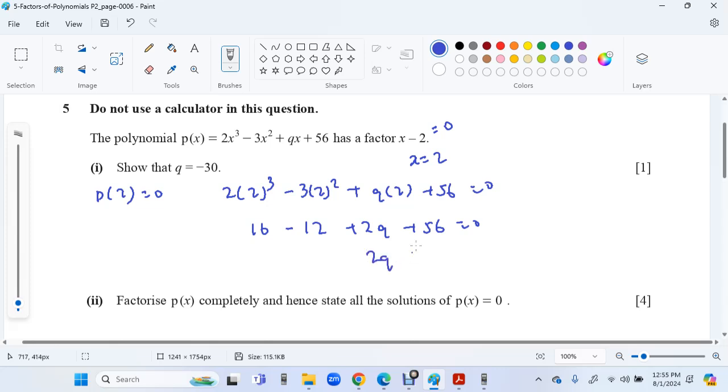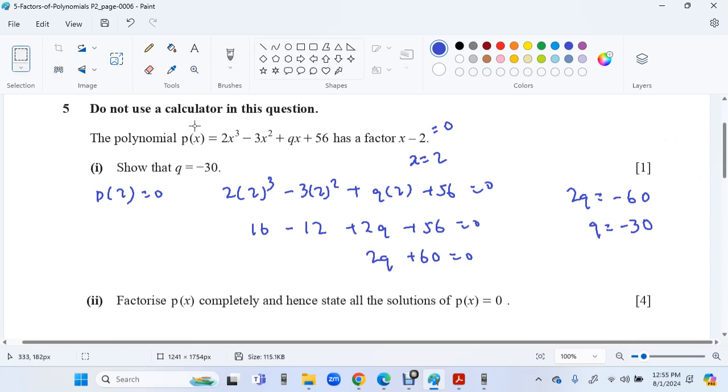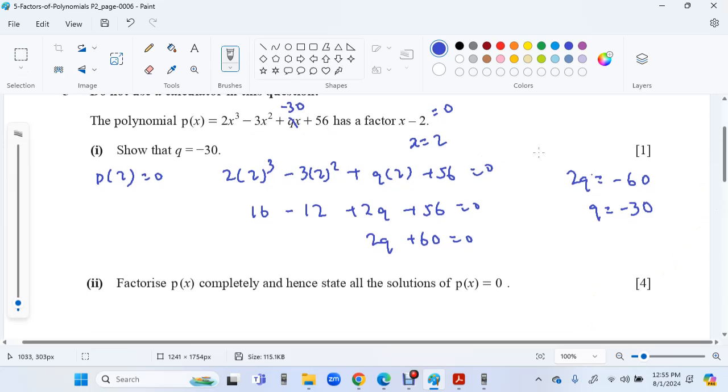Then 2Q plus 4, then this is plus 60 equal to 0. Then 2Q is negative 60. Q equals negative 30. So the P(x) will become, this is negative 30. So we need to factorize completely and then solve it.